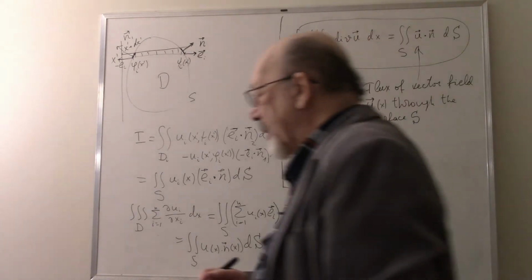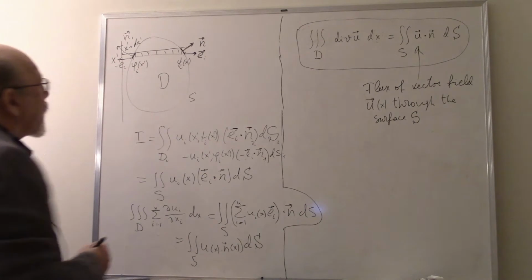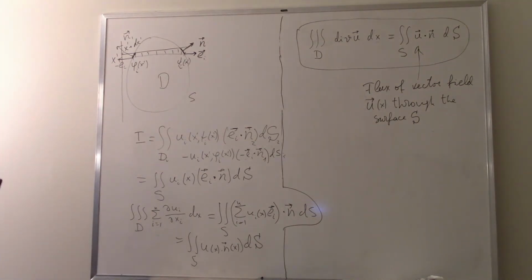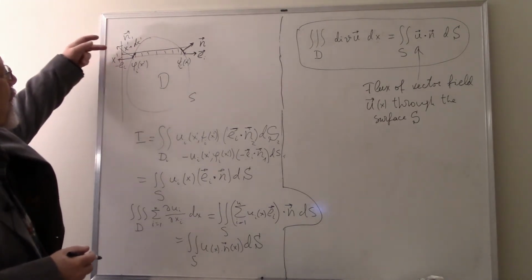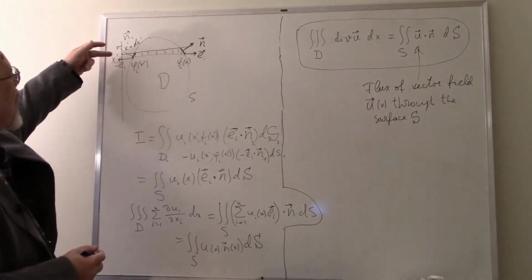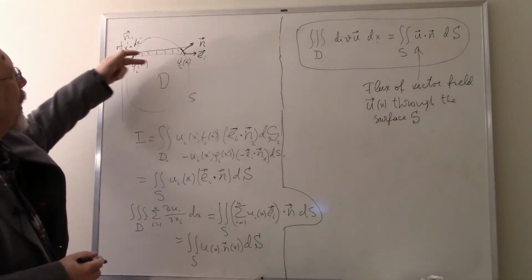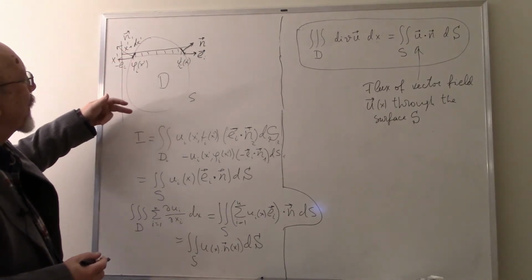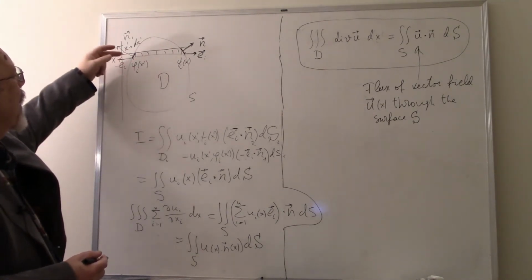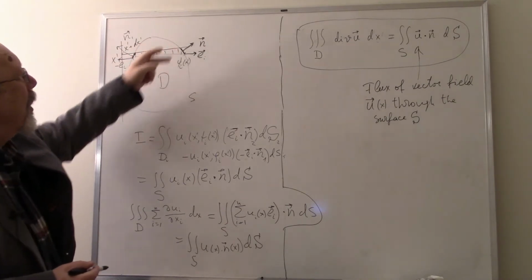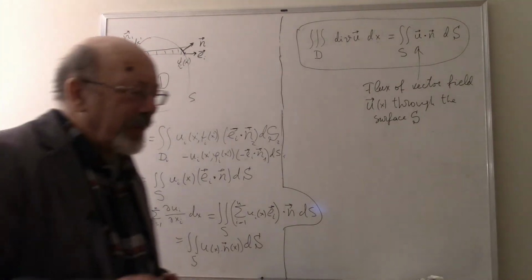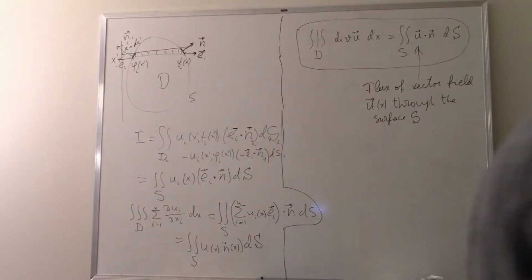Now, in deriving this formula, we used the conjecture that straight lines parallel to the axis x_i have only 2 points in common with the surface S. Yes?